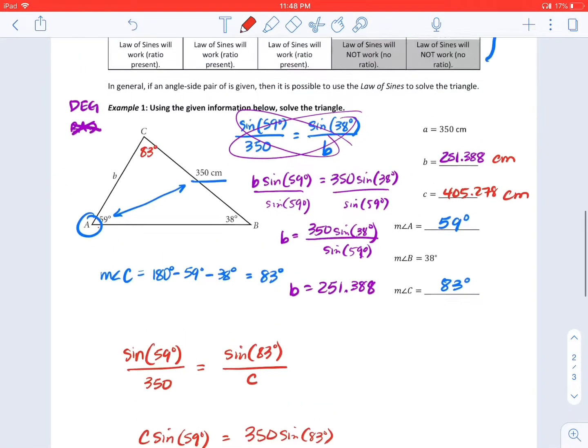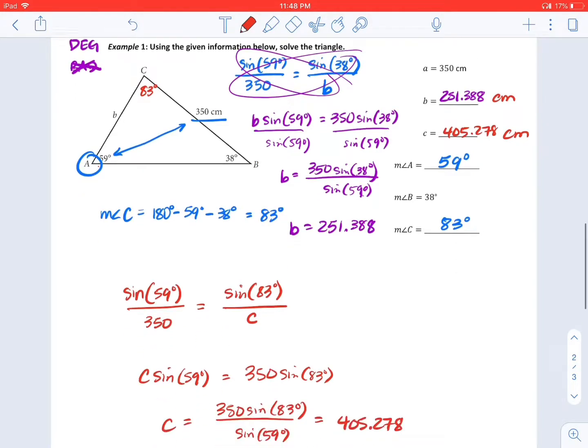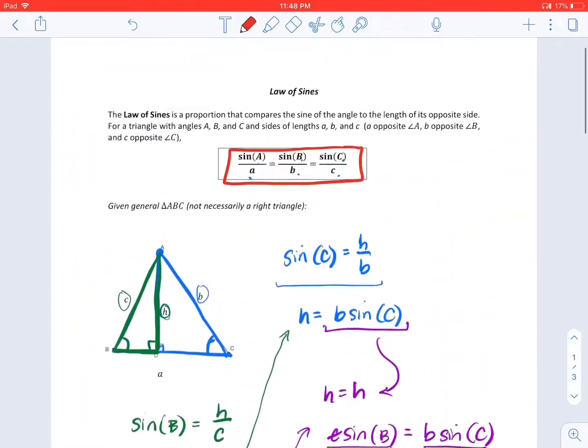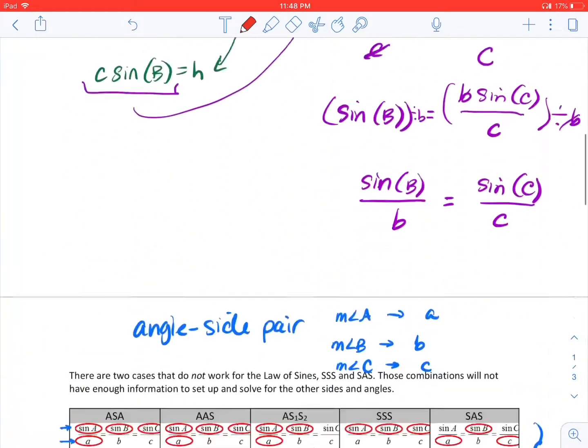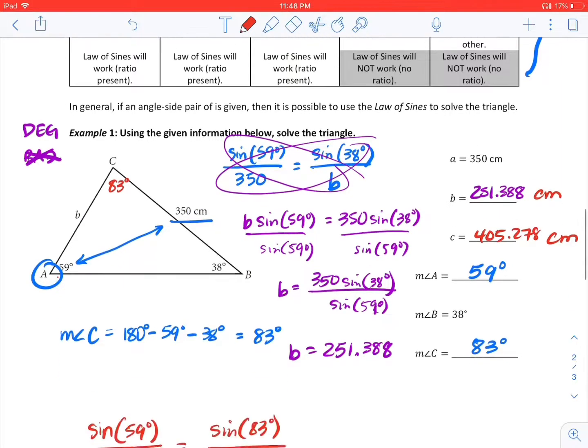But generally speaking, that's just how you would use the law of sines: you set up the appropriate values and the appropriate ratios using the statement of the law of sines. And then from there, you cross multiply in order to solve for what you need to. In this problem, it wasn't so bad insofar as finding the angles was fairly easy.